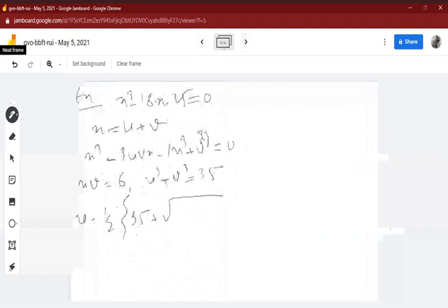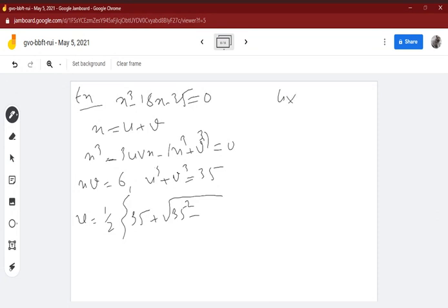So g square means 35 square minus 4 into h cube. So 4 into 6 into 6 into 6: 6 sixes are 36, 36 fours are 864.